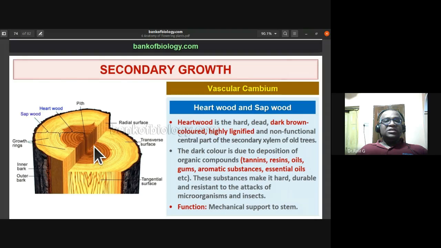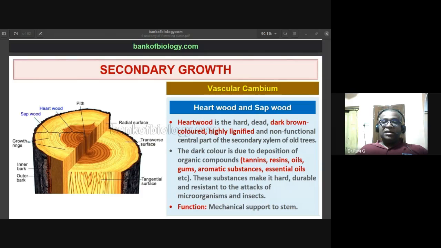All these are the reason for the darker color in the heartwood. These substances make the heartwood very hard, durable, and resistant to the attack of termites, microorganisms, and insects.